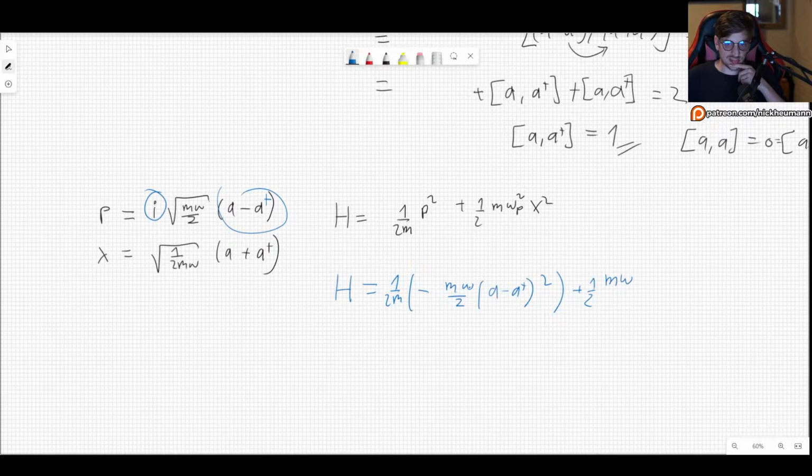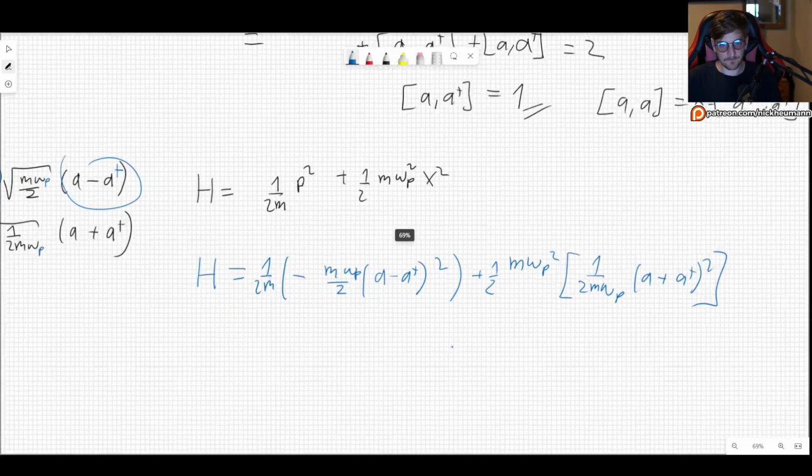I guess I should be using the same omega, so this here is also omega p, omega p squared, and now x squared. And this is also p, by the way. I've just been a bit lazy with my notation. And this would be 1 over 2m omega p, a plus a dagger squared.